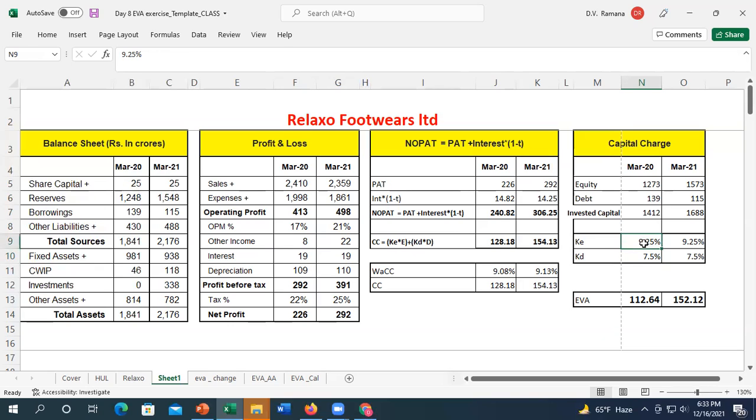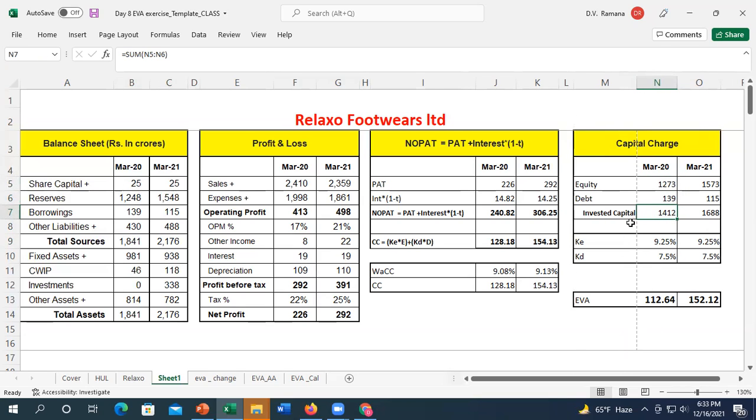So we have KD and KE, and we have the equity amount and the debt amount. We can see that the invested capital is dominated by equity. So it is a very low debt company. Relaxo is more driven by equity.